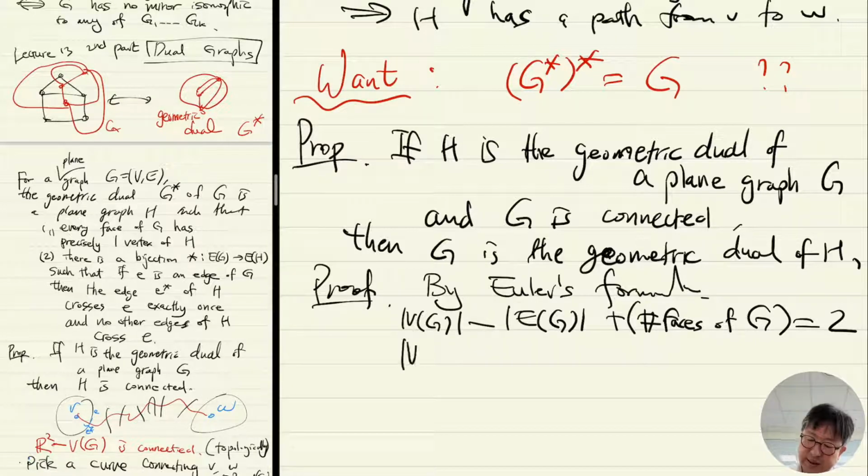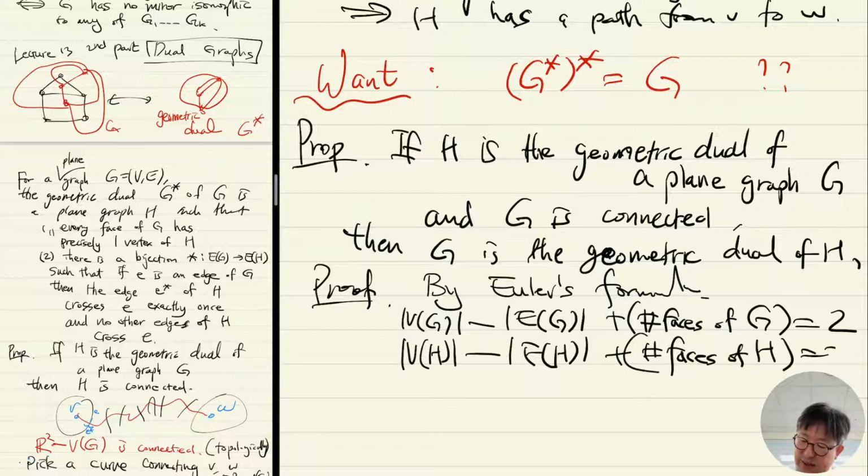And similarly, number of vertices of H minus number of edges of H plus number of faces of H is 2, because H is connected.